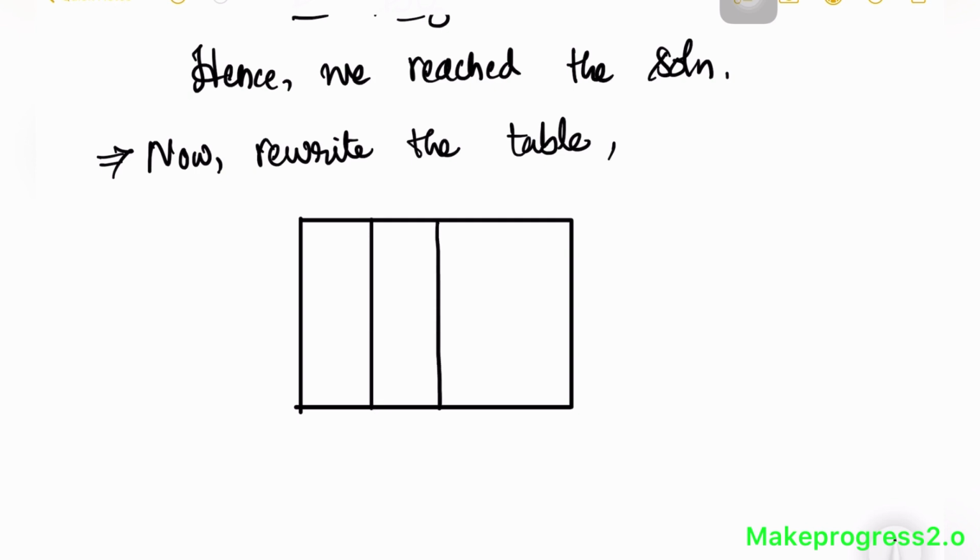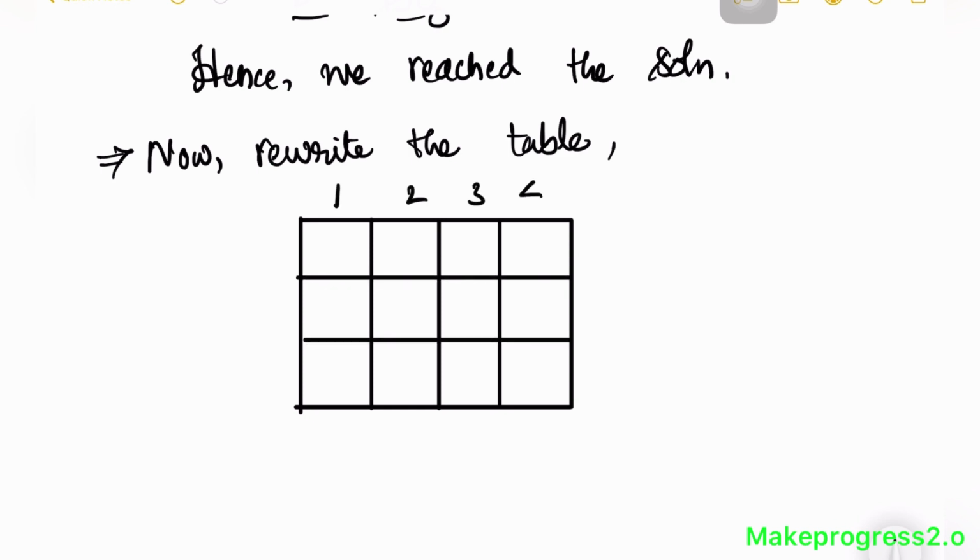So redraw it like that. 4 columns, 1 2 3 4, and 3 rows, 1 2 3. So write the cell values as well.